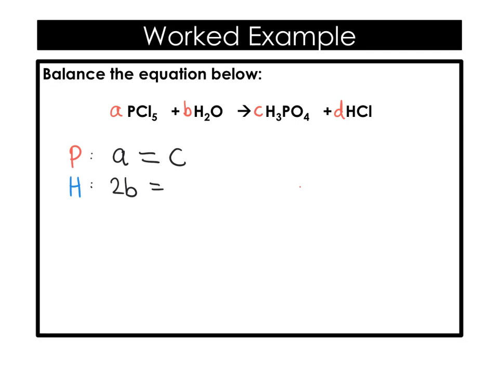So on the right-hand side, we've got 3 hydrogens in this compound and 1 in this compound. So whatever C is, we have to multiply that by 3 to get how many hydrogens there are there. So it's going to be 3C, but there's also a hydrogen here. So we have to also add whatever D is in order to get how many hydrogens there are on the right-hand side.